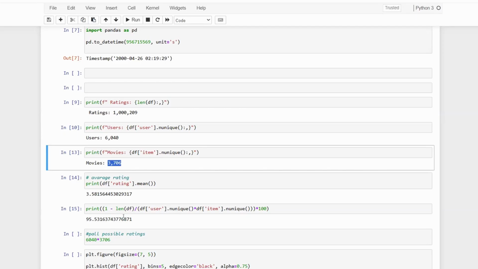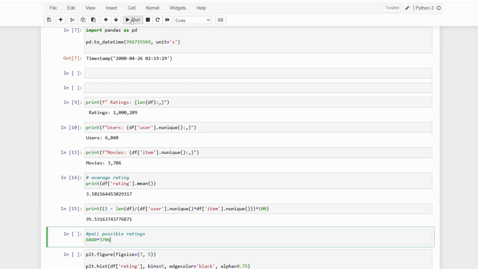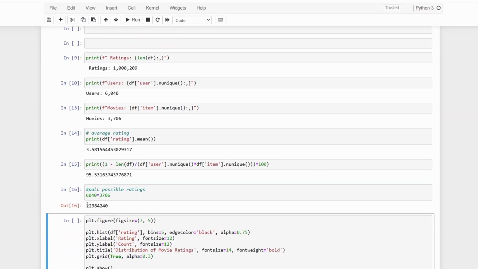Just like when you get a call from an agent and they ask you to rate them, you just say, no, not today. So some people didn't rate the movies, because all possible ratings should give us about maybe 20 million or 22 million, as each user watched each movie and rated it. Maybe they also didn't enjoy the movie, they watched it halfway. We don't know. It's just messy data. We don't have all the details.